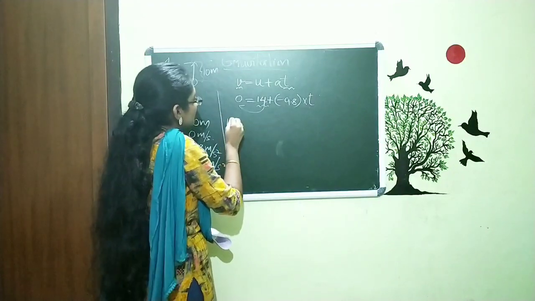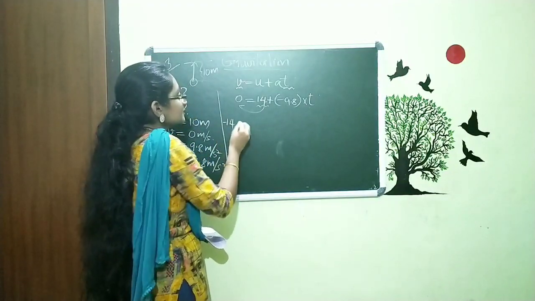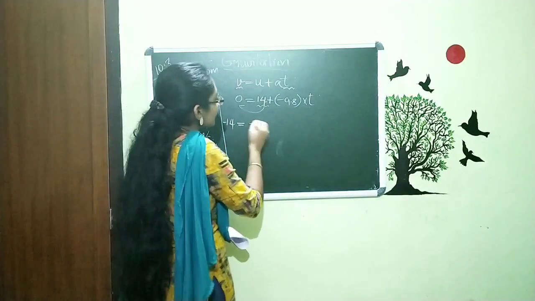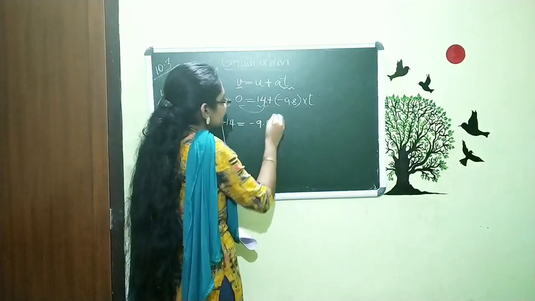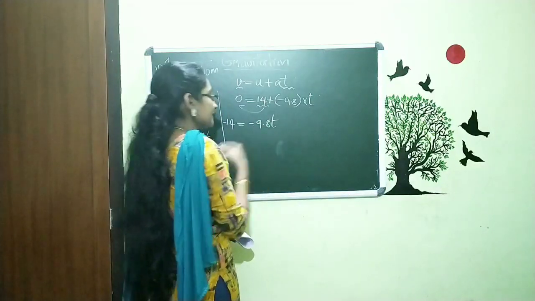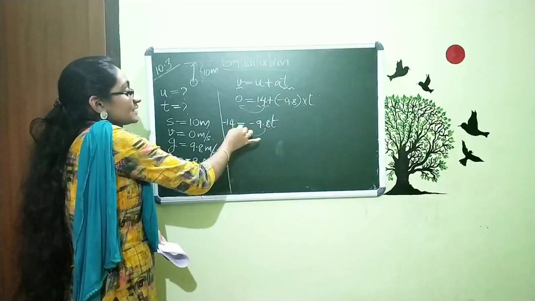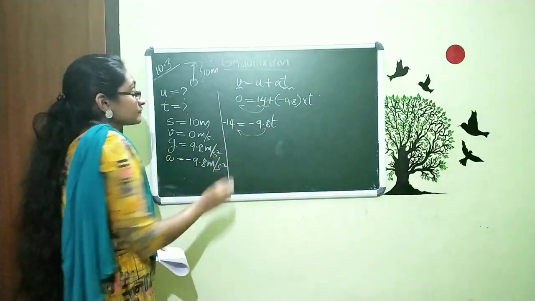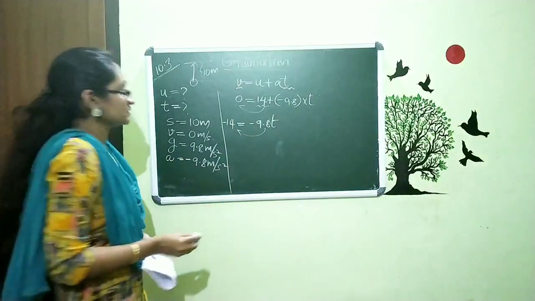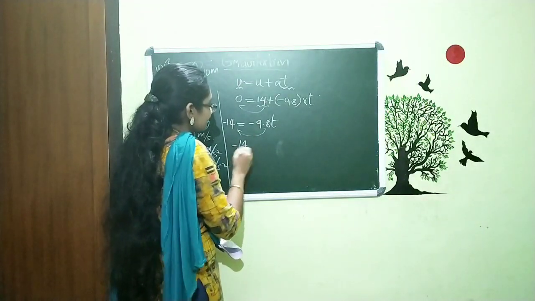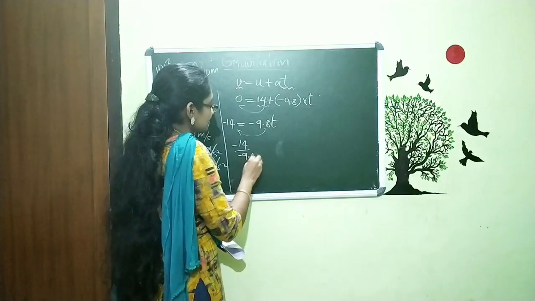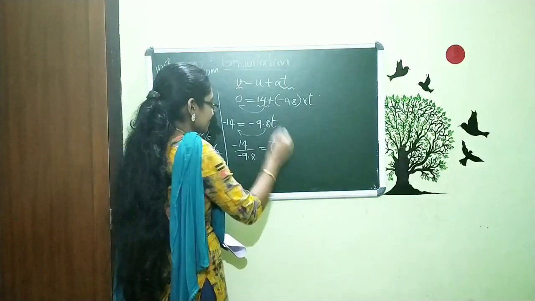So 14 will be turned into minus 14 is equal to minus 9.8t. That means here this is multiplication. Now, what happens when we take this minus 9.8 to this side? It will turn into division. So minus 14 divided by minus 9.8 is equal to the time t.